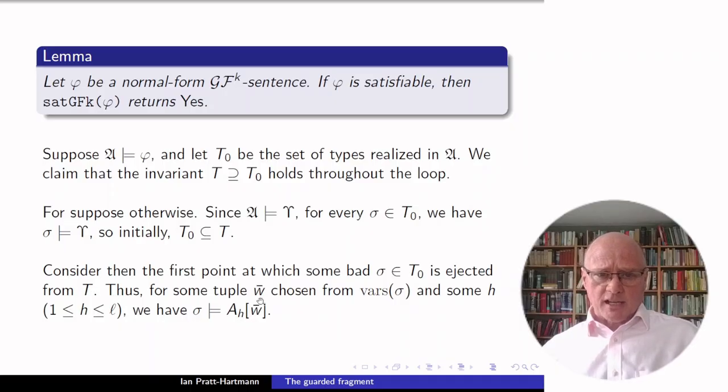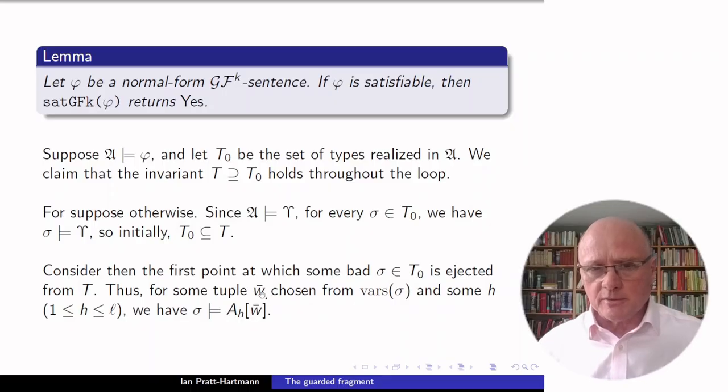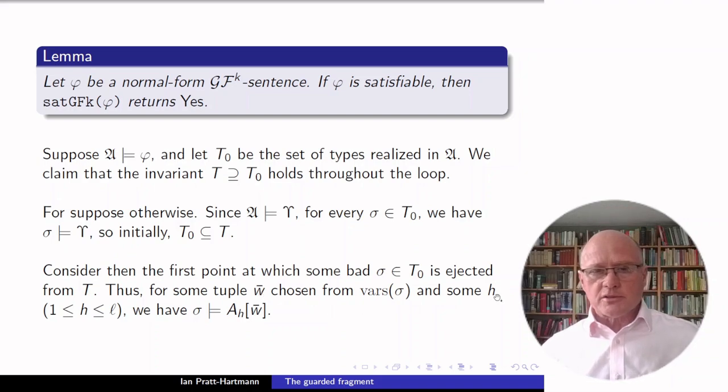And since sigma is bad, there'll be some tuple of variables w bar and some h, an index of one of the witness constraints, such that the tuple of variables w bar satisfies the guard on the hth witness constraint in sigma, and sigma will be bad.